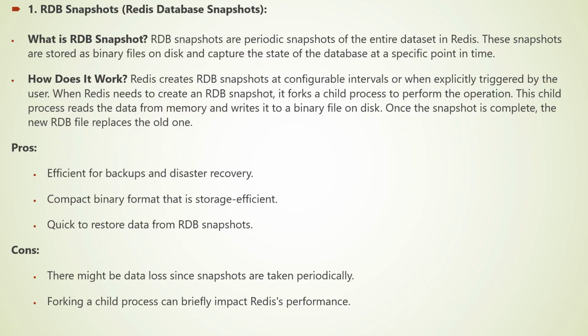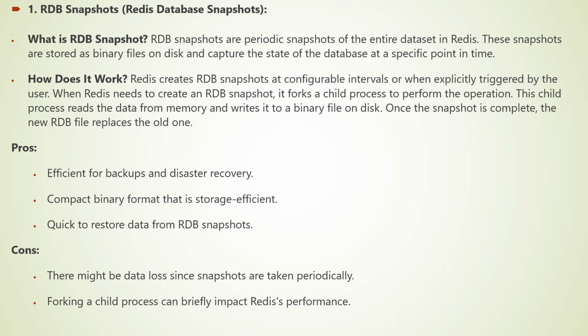1. RDB snapshots, Redis database snapshots. What is an RDB snapshot? RDB snapshots are periodic snapshots of the entire dataset in Redis. These snapshots are stored as binary files on disk and capture the state of the database at a specific point in time. How does it work?